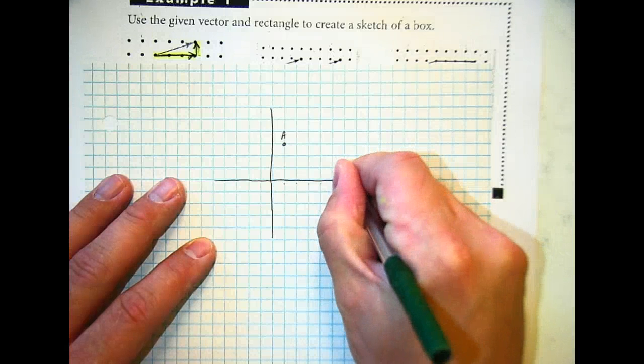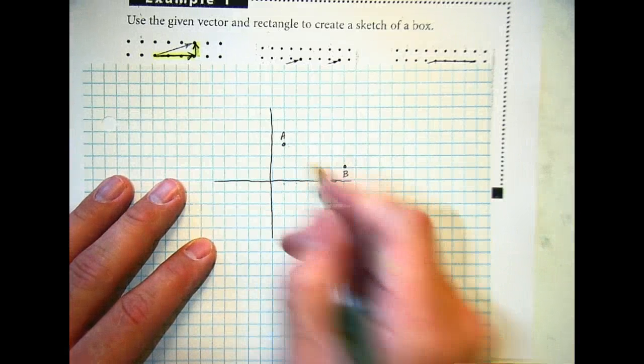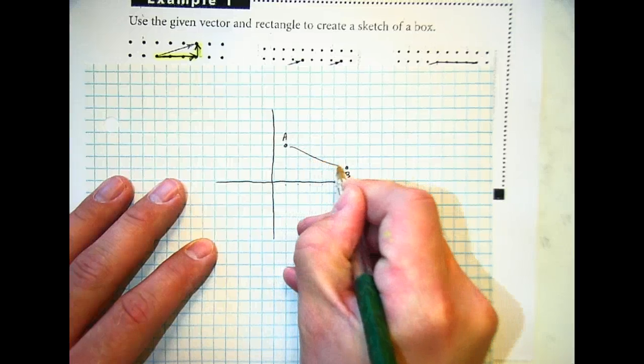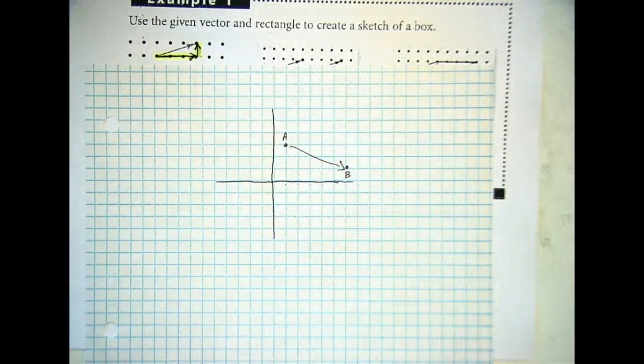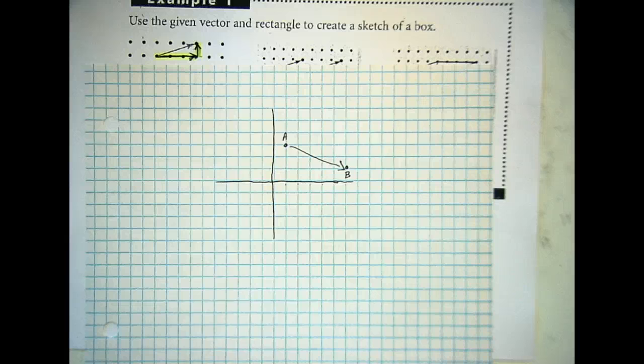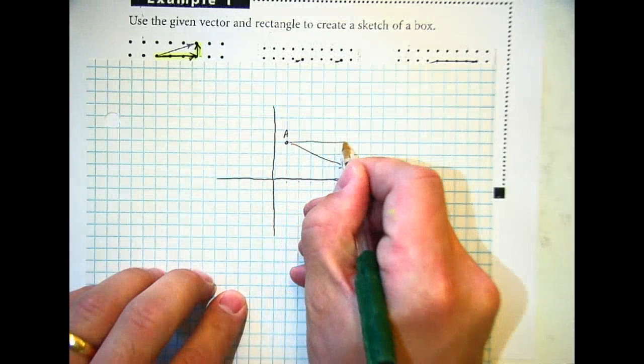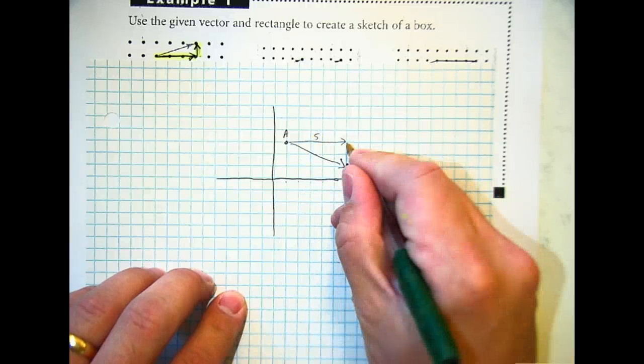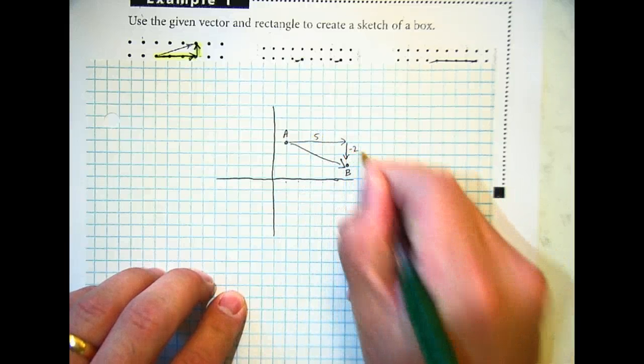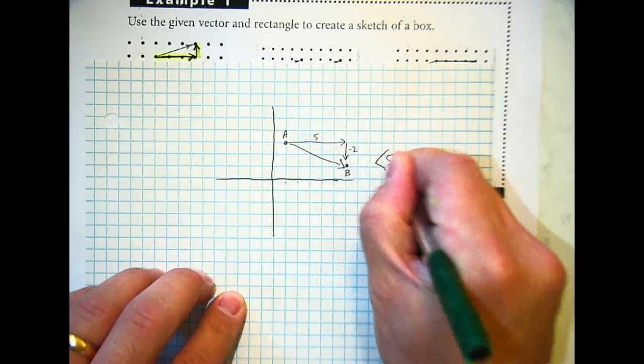We'll call that B. What is my vector going from A to B? Grace? 5. So you went 5 units to the right, and you went down 2. So it's vector 5, negative 2.